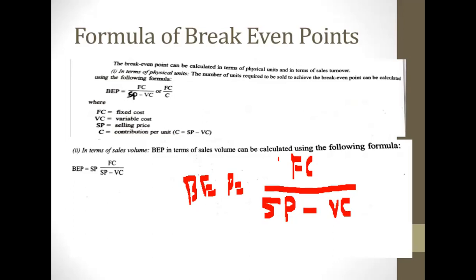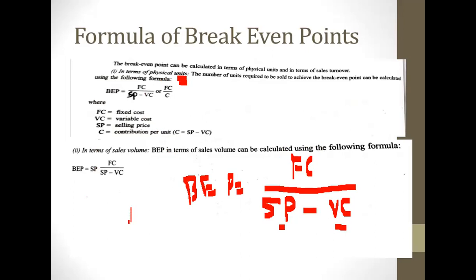This is the formula we use to find the break-even point in terms of physical units, the number of units produced. So break-even point is equal to the total fixed cost of the company divided by SP. SP means the selling price of 1 unit. VC means the variable cost of 1 unit.